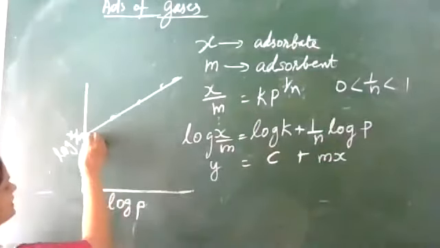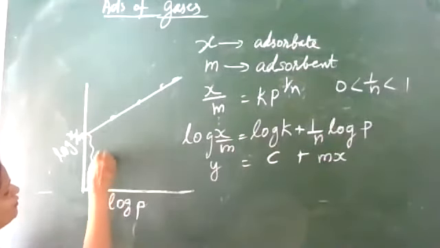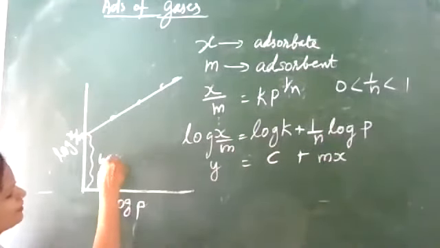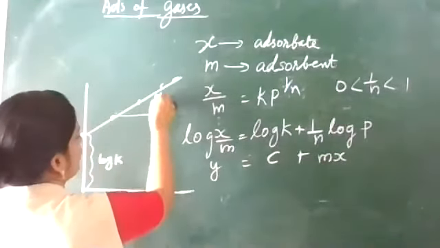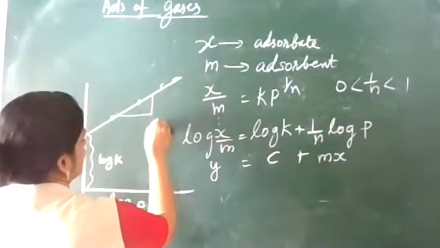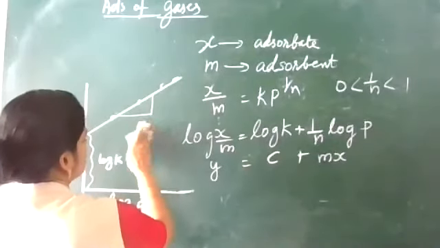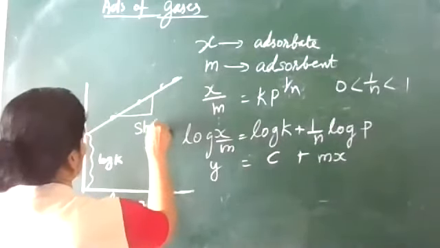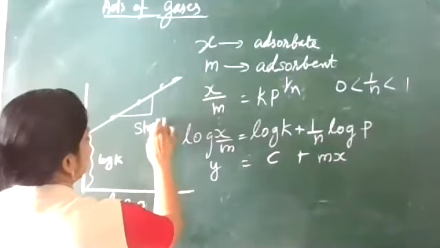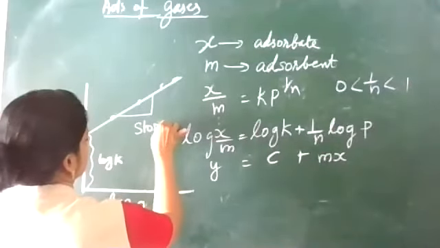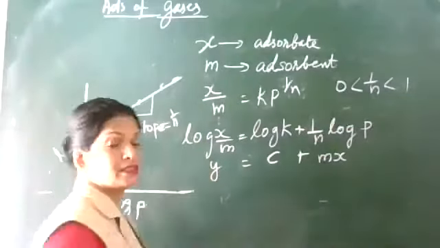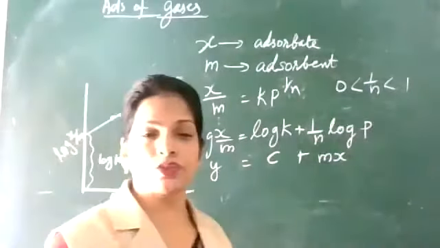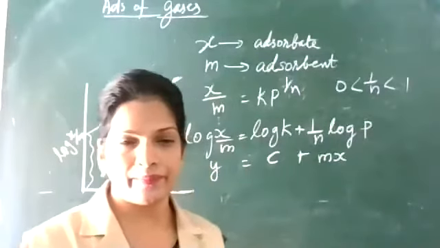The y-intercept will give you the value of log k. And 1 by n is the slope. So from there you can calculate the n value: find the slope, which will give you 1 by n.